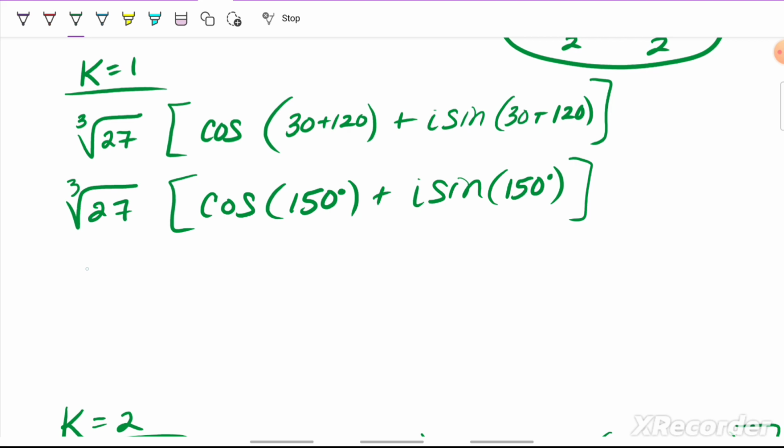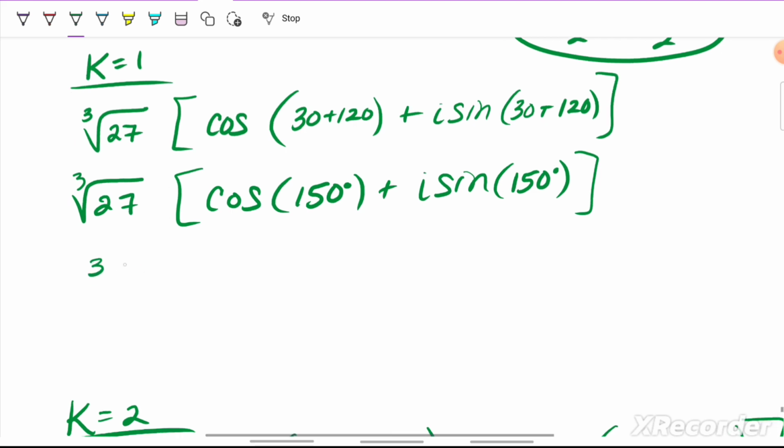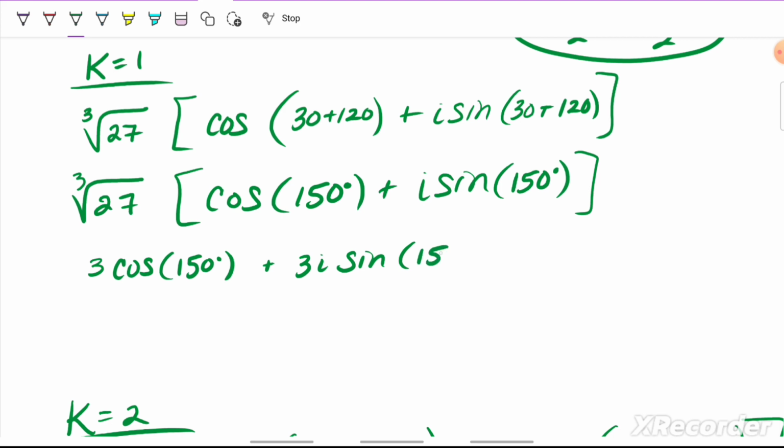Cube root of 27 is 3. I think I'm going to do the cube root and distribute at the same time. So this will be 3 cosine of 150 plus 3i sine of 150. And then we'll get these exact values off the unit circle.